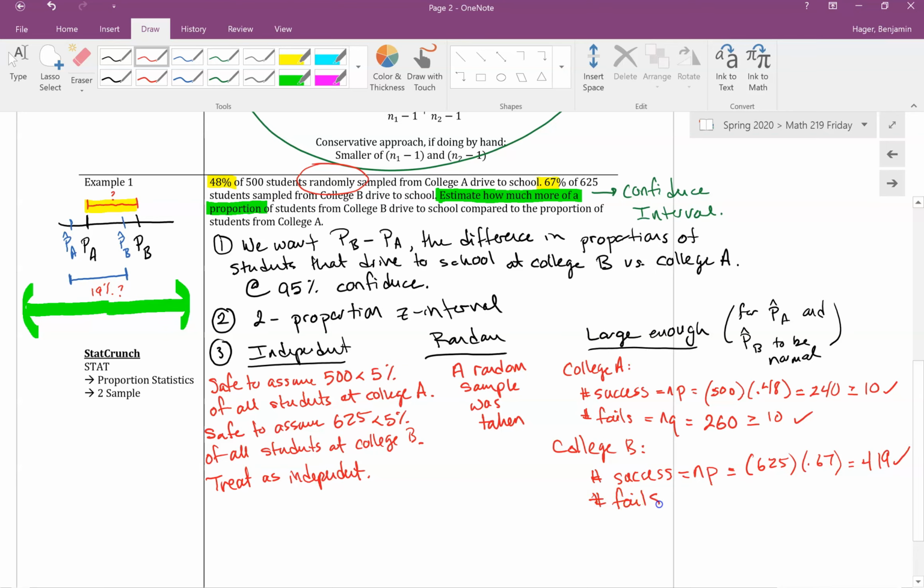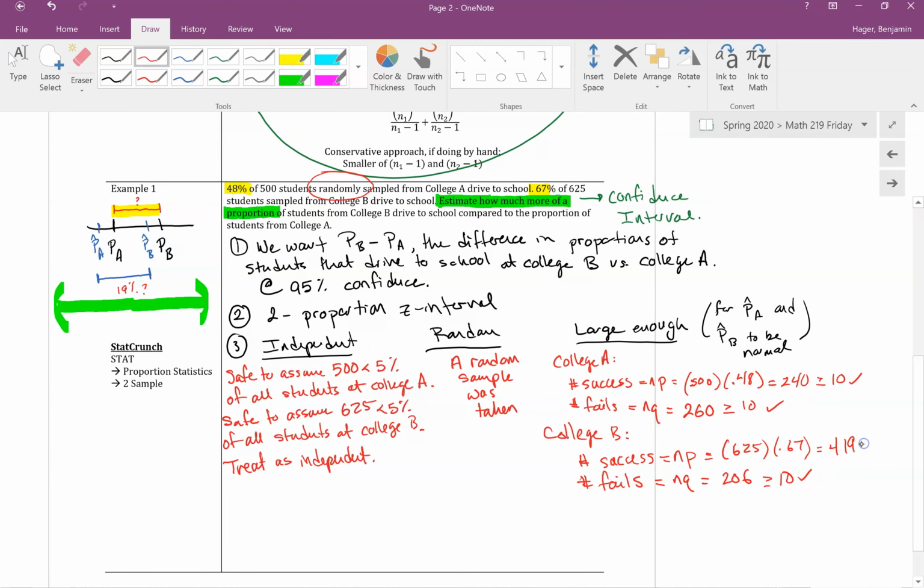And if all the rest didn't drive, then the fails, which you can plug in as n times q, or just take 625 minus the 419 that drove, is 206. So that's greater than or equal to 10. We're good there. All of those are greater than or equal to 10, so the sample proportions themselves are approximately normal.